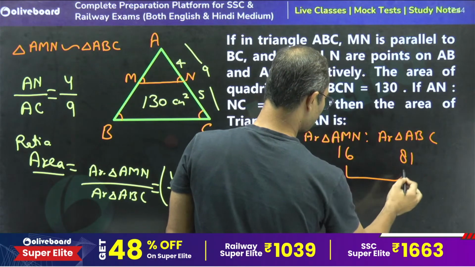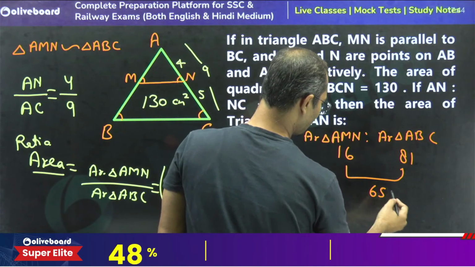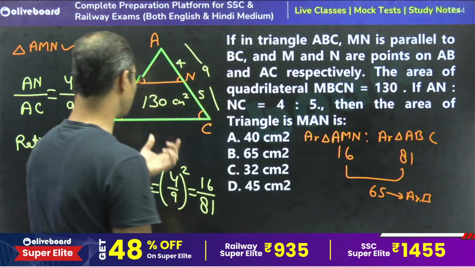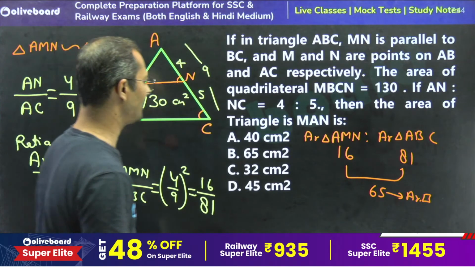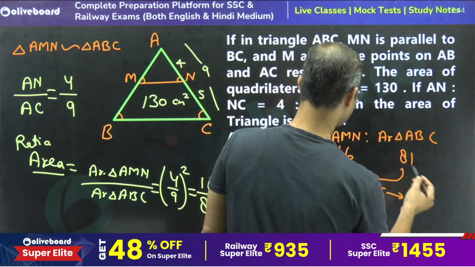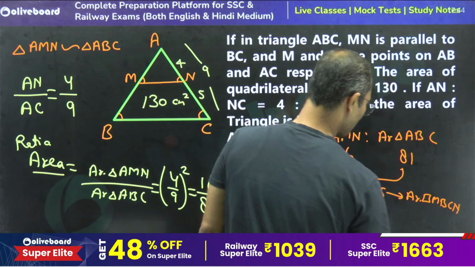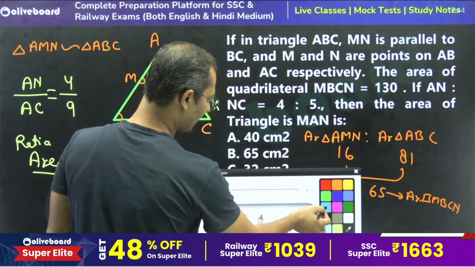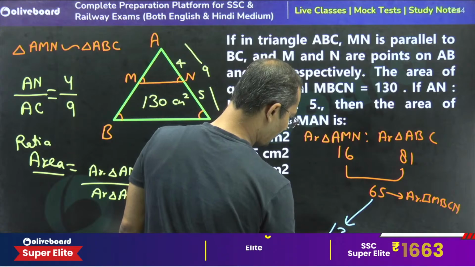So the difference is how much? Difference is 65, right? The difference is going to represent the area of quadrilateral MBCN. So we have the area of MBCN, so we can say that 65 is equal to 130.